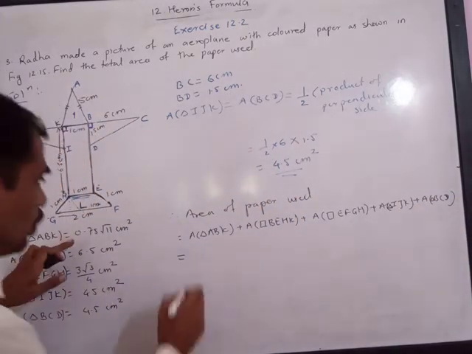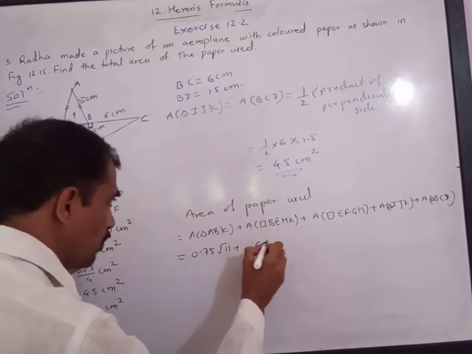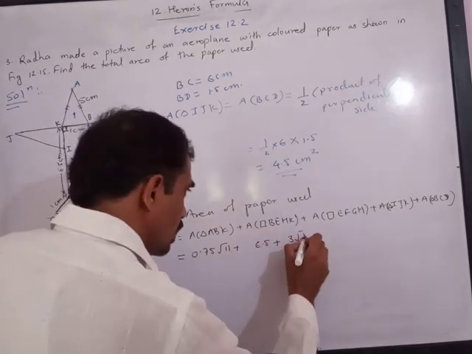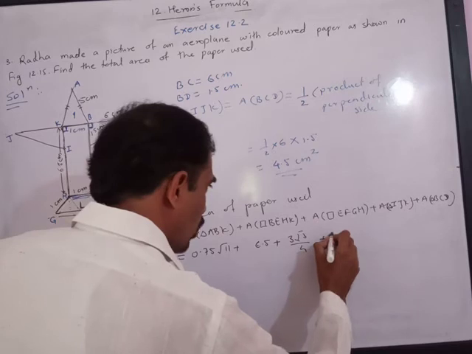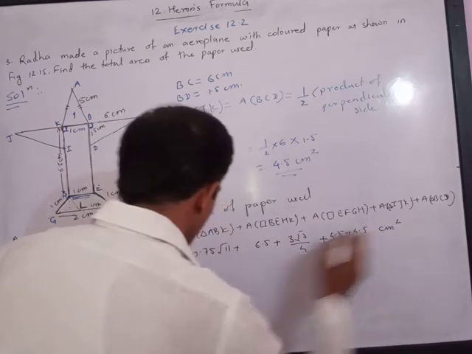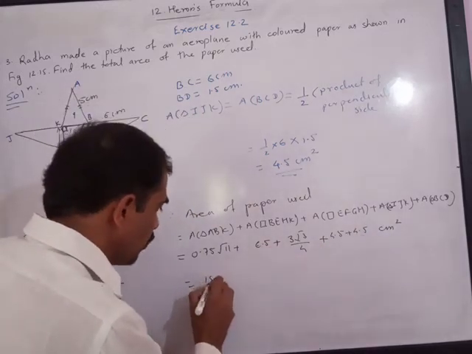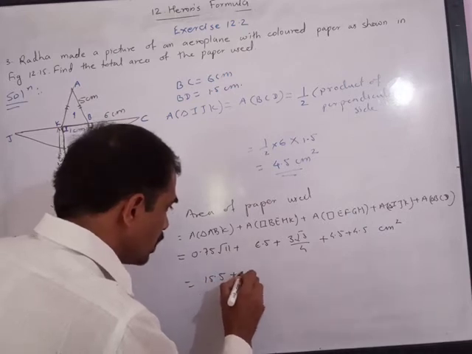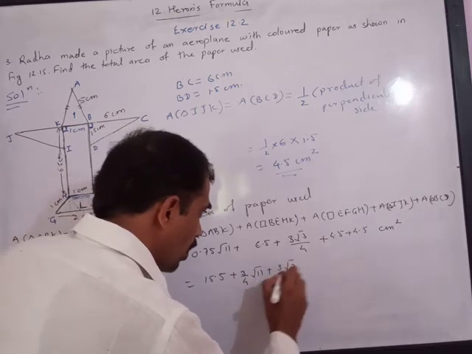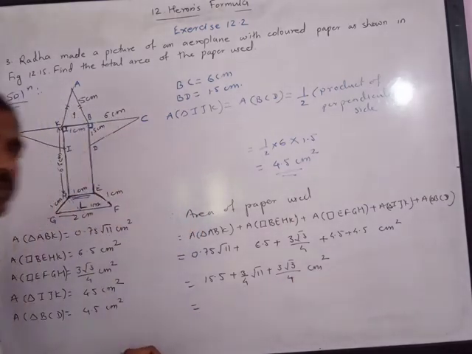So this is equal to 0.75 root 11 plus 6.5 plus 3 root 3 upon 4 plus 4.5 plus 4.5 centimeter square. The rational numbers will get added: this will be 9 plus 6.5 is 15.5, plus 3 upon 4 root 11 plus 3 root 3 upon 4 centimeter square.